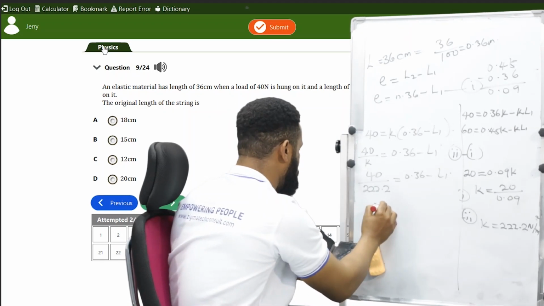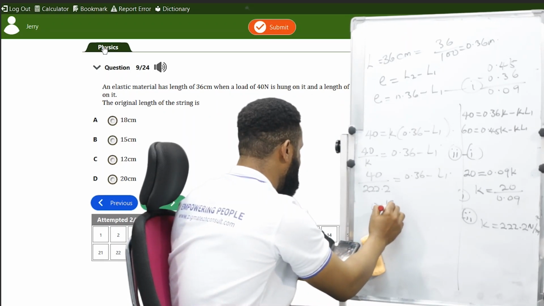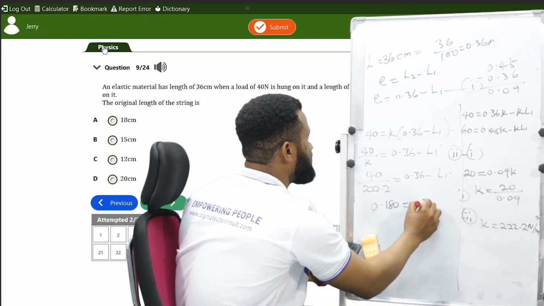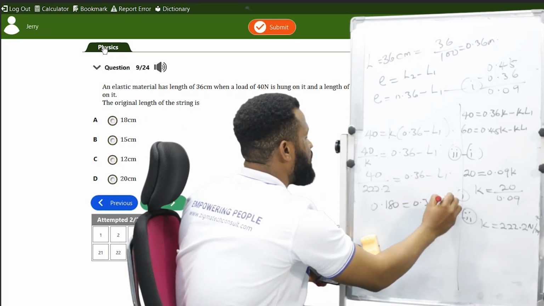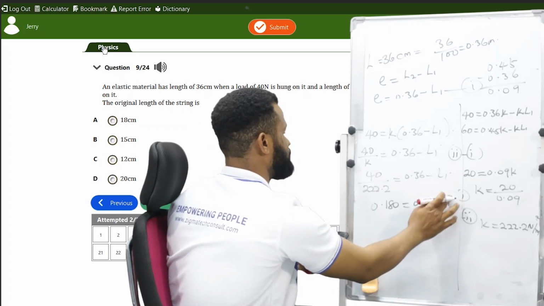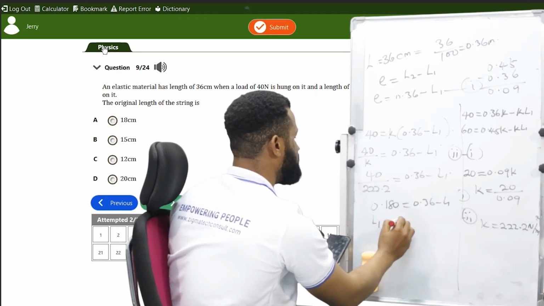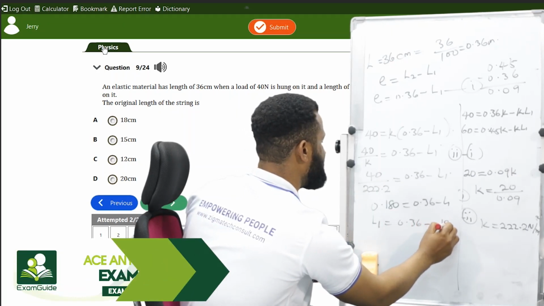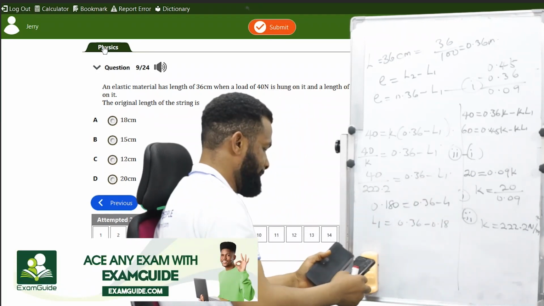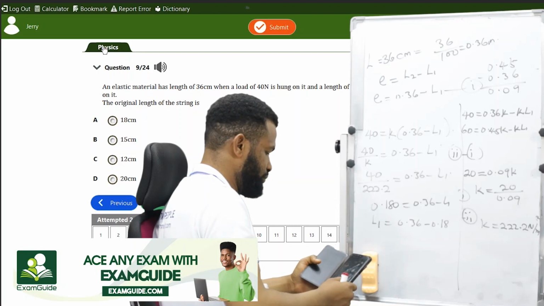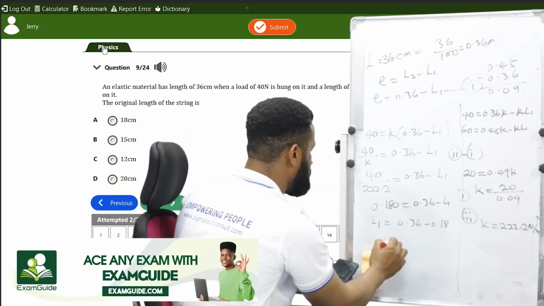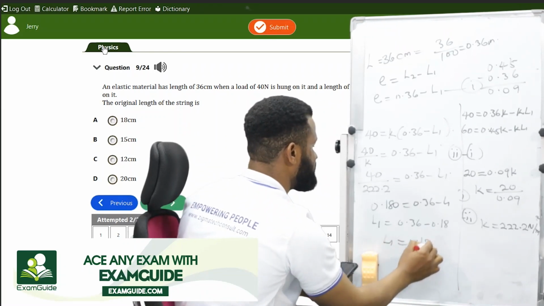So this is 0.18 equal to 0.36 minus L1. So L1 is going to be 0.36 minus 0.18.